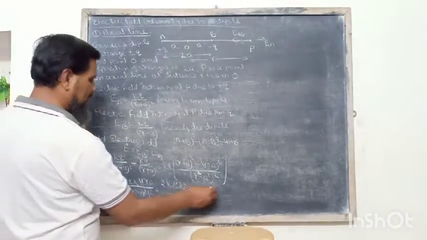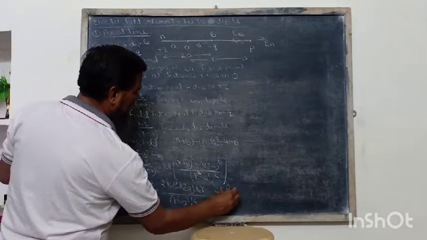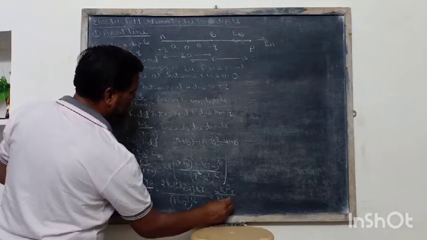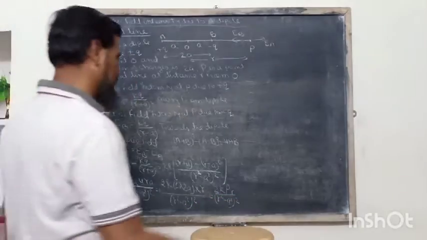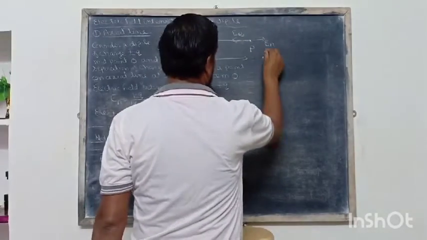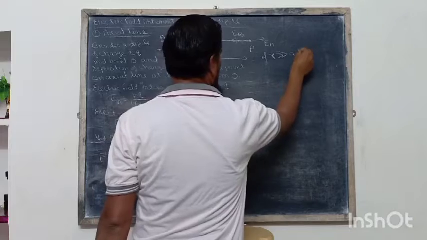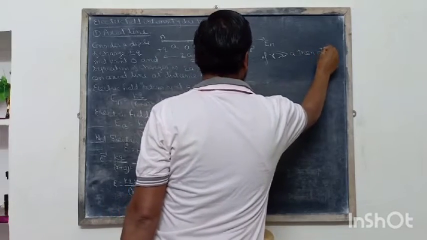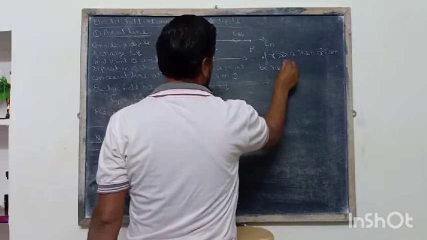Q into 2A is the dipole moment p. So E is 2K p r upon (r square minus A square) whole square. If r is very much greater than A, then A square can be neglected.